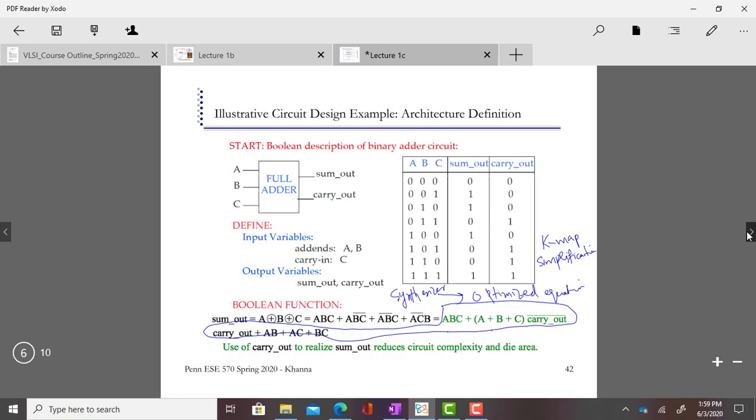So this is architectural exploration, and if this is an optimized equation, what is the benefit? Use of carry out to realize sum out reduces the circuit complexity and die area. The synthesizer gave you an optimized equation which can reduce the chip area.